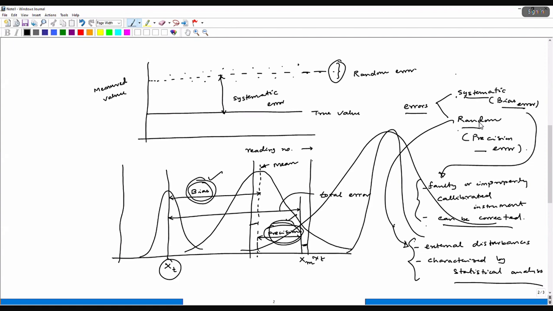So when we add them, we have to worry about the sign also, right? Because if the total error happens to be less than the bias error, then your precision error is going to be negative. So you have to worry about the sign of the error also, not just the magnitude. Okay, thank you.